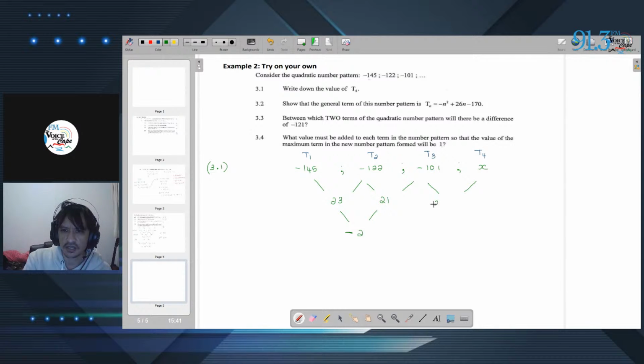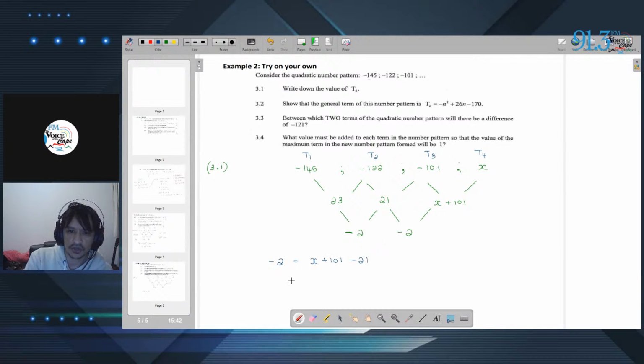So we know this is x plus 101, and the reason I say that is because it's x minus negative 101. That's why it becomes plus. Then the difference over here is supposed to be negative 2 as well. So we can solve for the fourth term, x. Negative 2 is equal to x plus 101 minus 21.